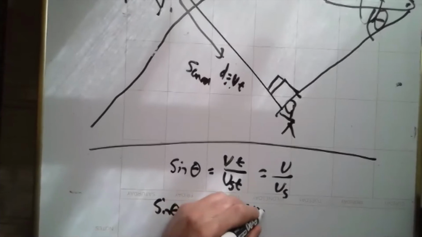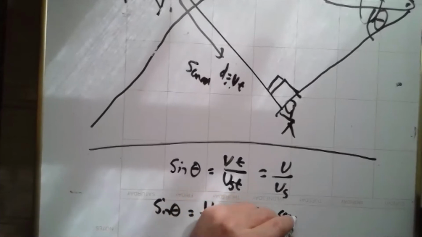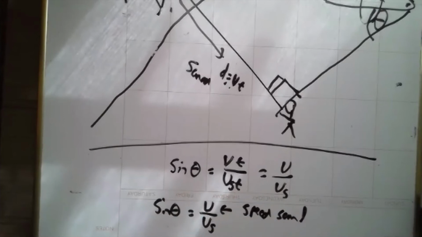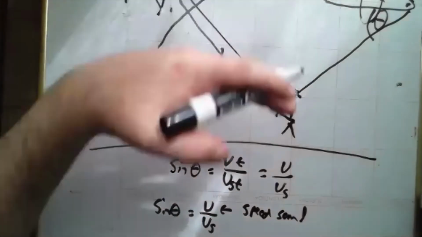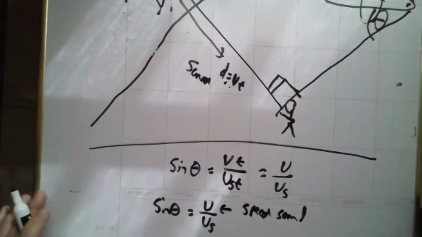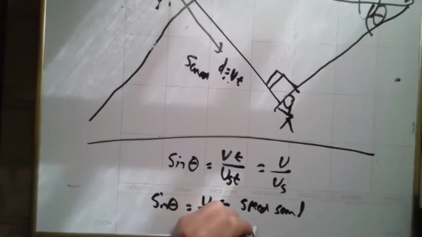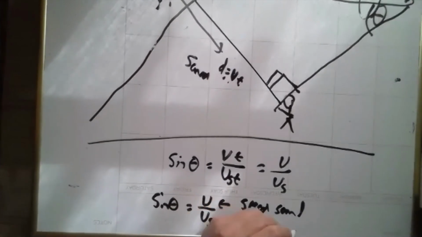That's the speed of sound in air. Usually about 340 up here at this altitude. We'd probably use 340 meters per second. That's the speed of the plane, or as we say, the source.